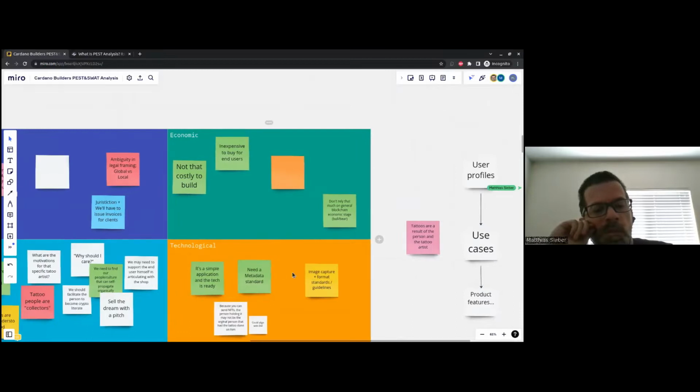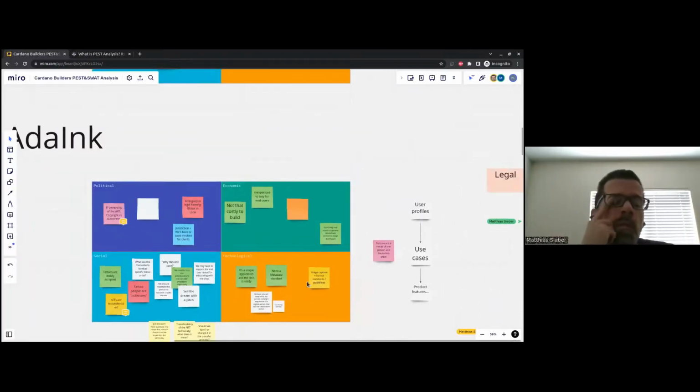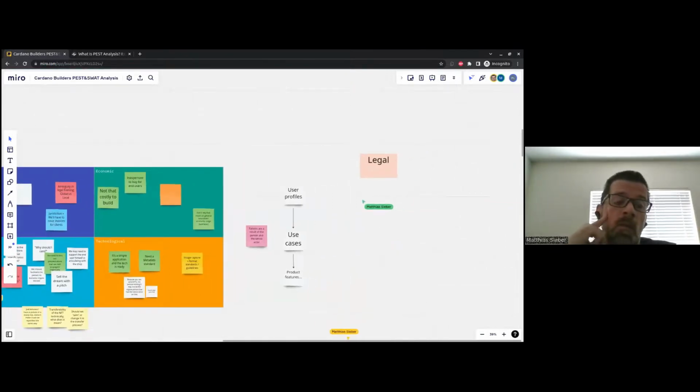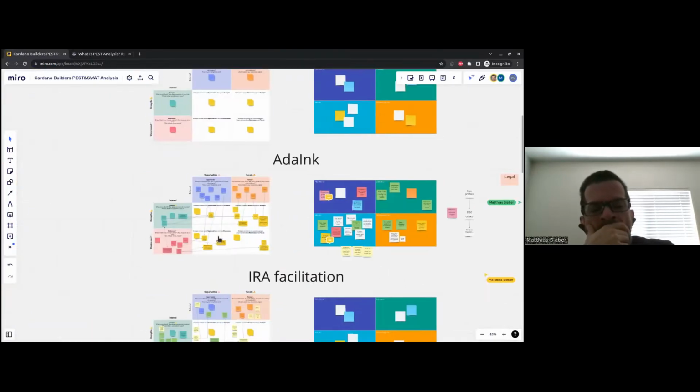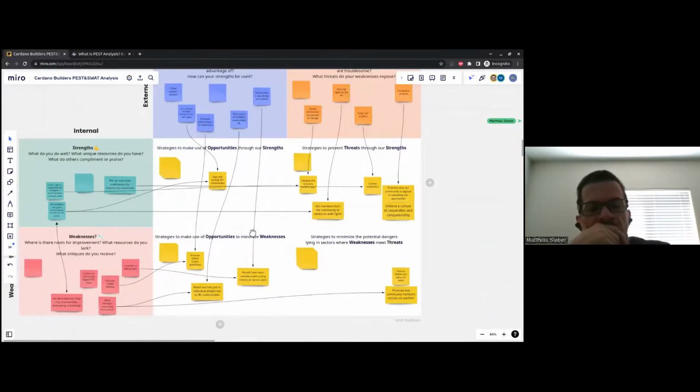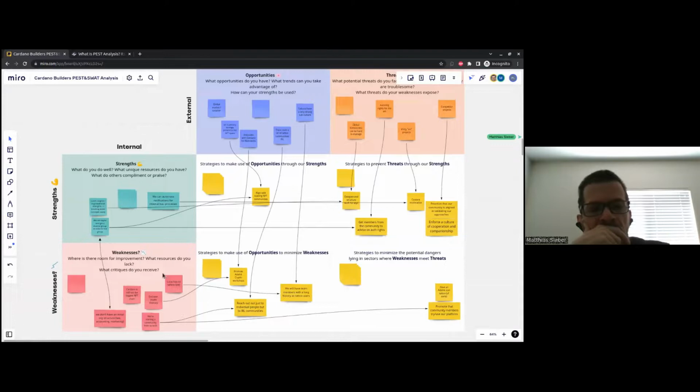So I don't have a specific thing to drop on the legal one, but I was thinking that we need to start thinking of it. And here we've also spoken about the IP rights and all that, so I don't want to be duplicating everything. In the end, this is an exercise that cannot develop into a full business plan, it's really more high level.